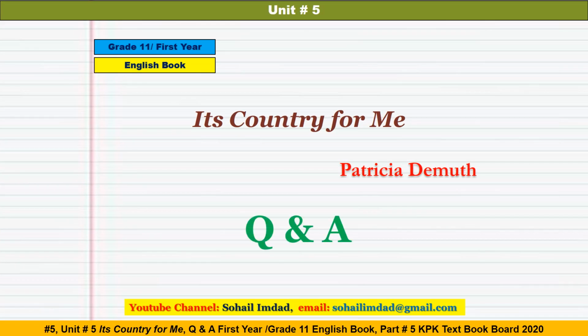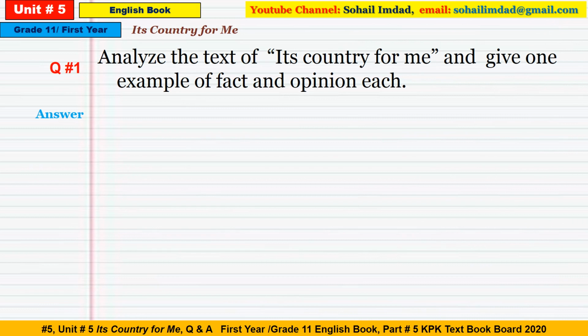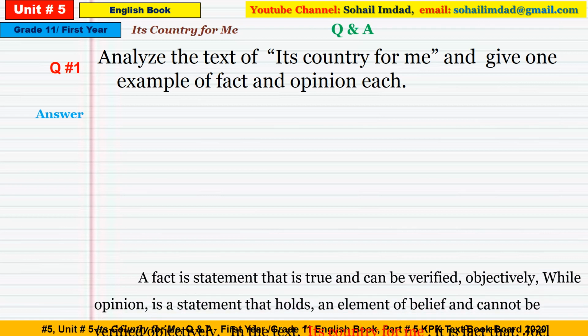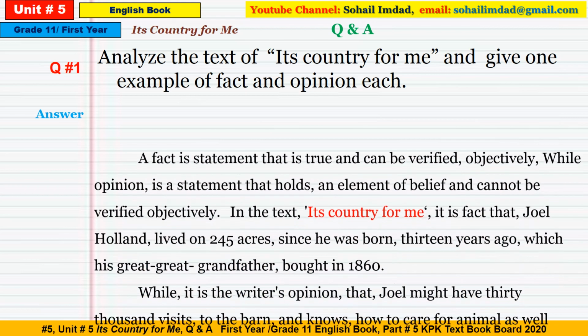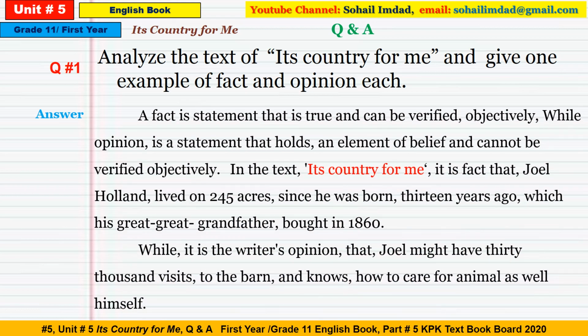Question and answer. Question number 1. Analyze the text of It's Country for Me, and give one example of fact and opinion each. Answer. A fact is a statement that is true and can be verified objectively, while an opinion is a statement that holds an element of belief and cannot be verified objectively.